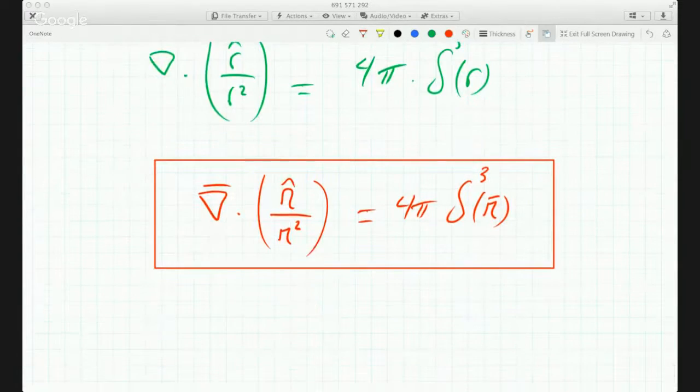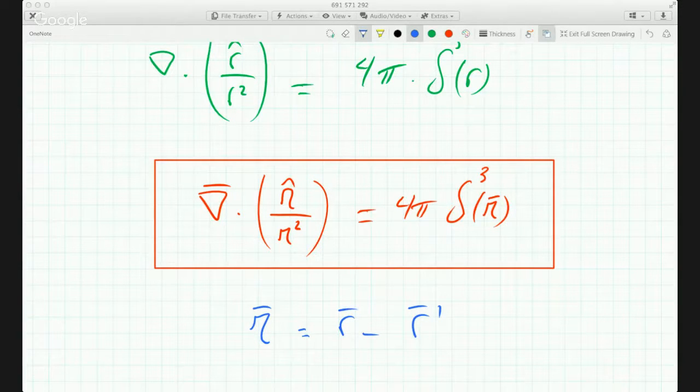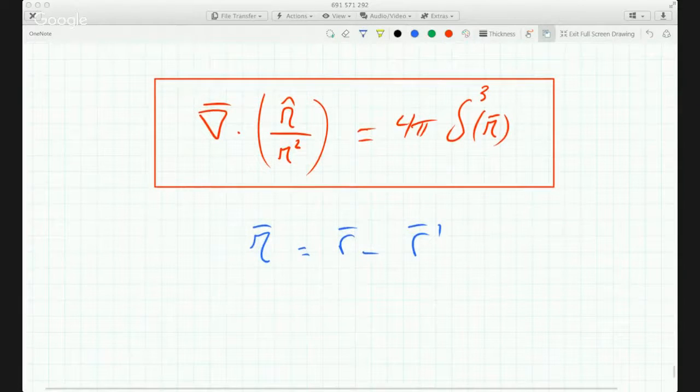And of course here, what this is signifying, like we said earlier, is r minus r prime. It's the vector from the source to the field, the separation vector.